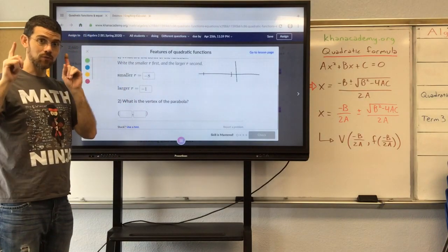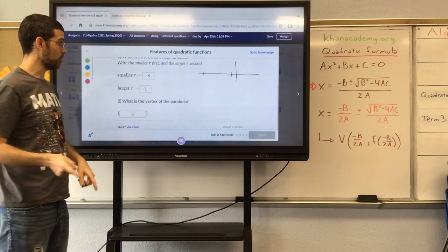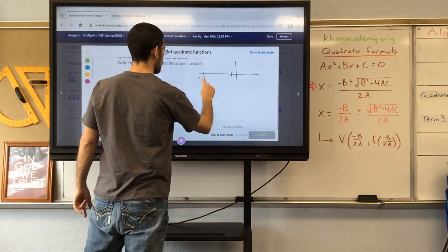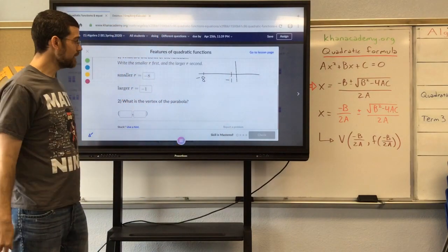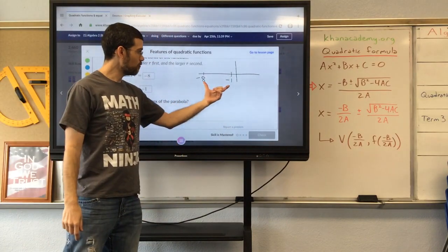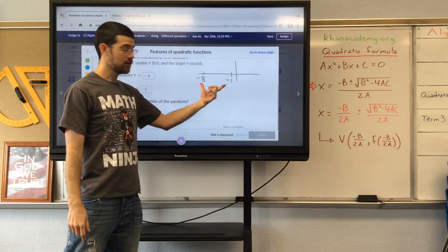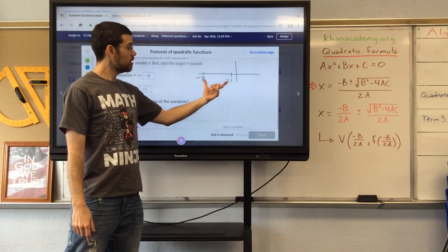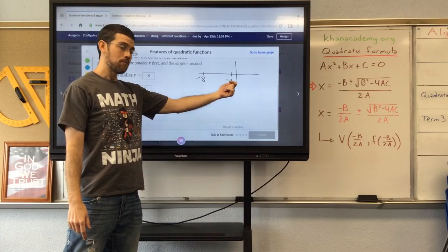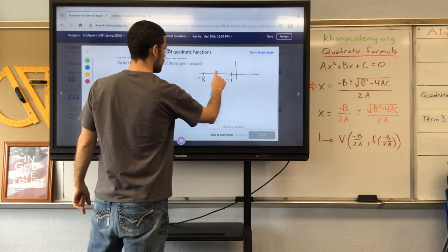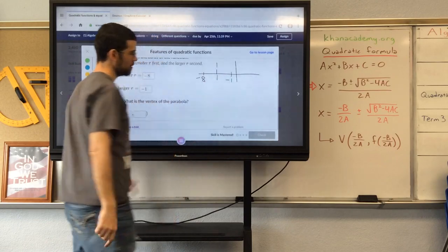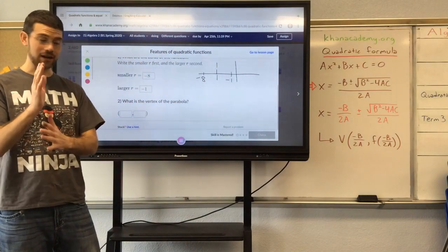So that tells us that we can figure out the x-coordinate. So this is -8 and this is -1. Halfway in between that will be half of the distance. The distance is 7. So if we go -7/2 from -1, we'll be right in the middle, and that dotted line is going to be our axis of symmetry.